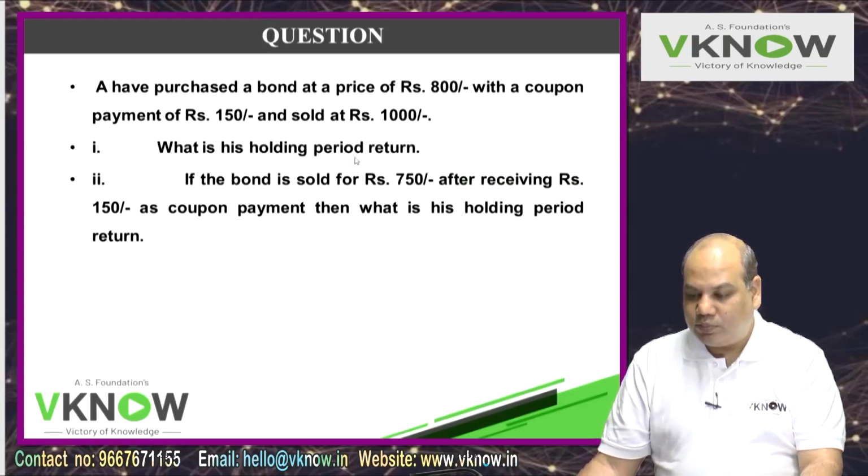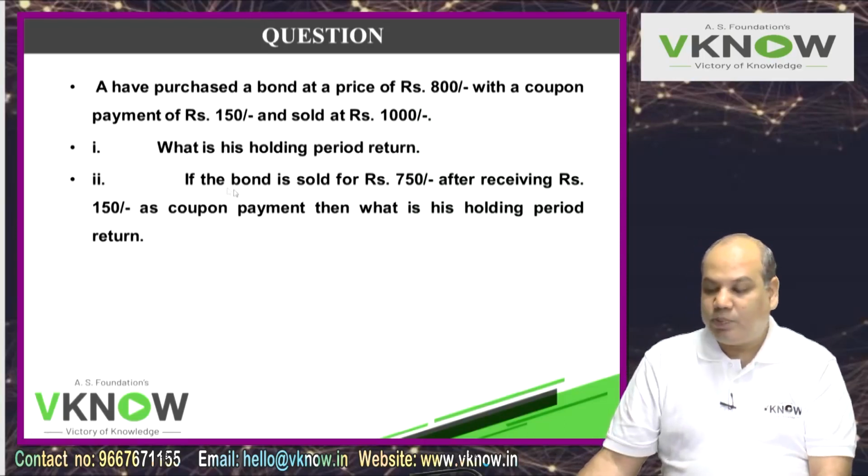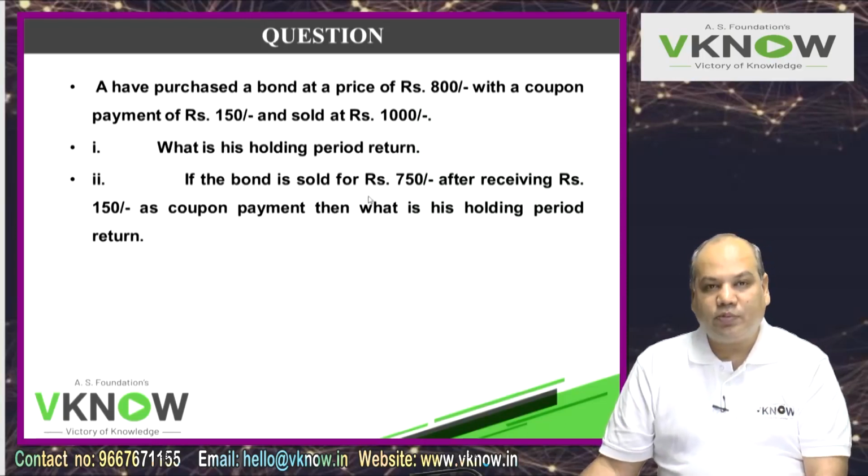What is his holding period return? 350 divided by 800 is the holding period return. Second question says, if the bond is sold for rupees 750 after receiving rupees 150 as coupon payment, then what is his holding period return?